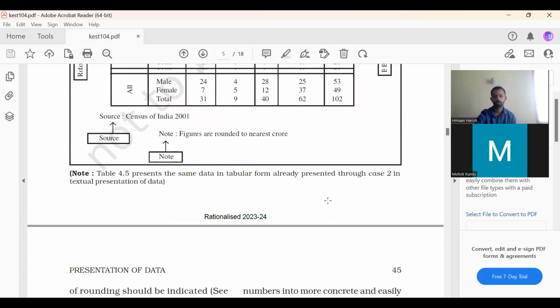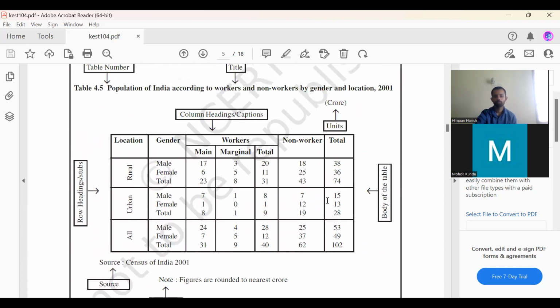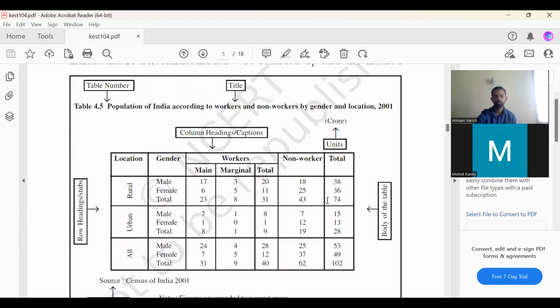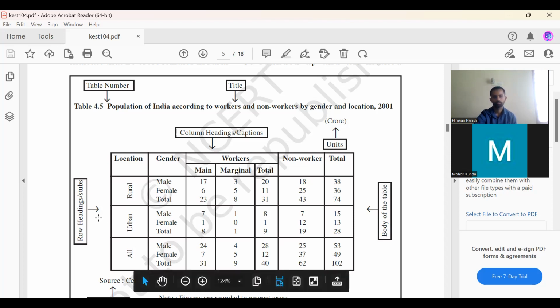See table 4.5. So what do we infer from the table 4.5? There's a population of India according to workers and non-workers by gender and location as in 2001 given. And there are row headings or stubs called urban, rural and all.